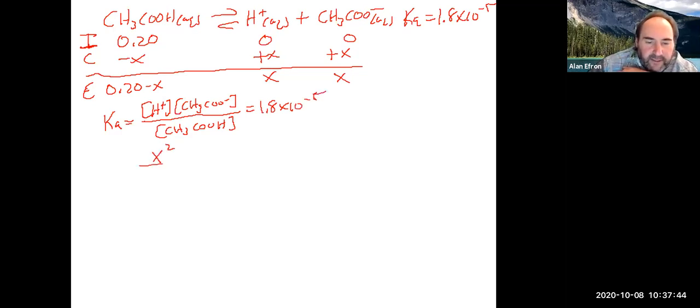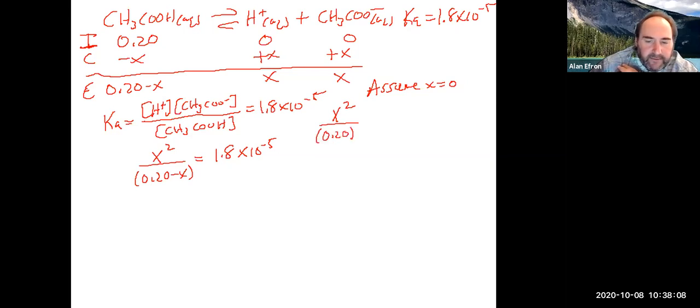That's going to give me x squared divided by 0.2 minus x equals 1.8 times 10 to the minus 5. Been having good luck so far, might as well continue and try. So we're going to assume that x is approximately 0 here. And if we do that, that will give us x squared divided by 0.2 equals 1.8 times 10 to the minus 5. We're going to multiply the 0.2 to the other side.